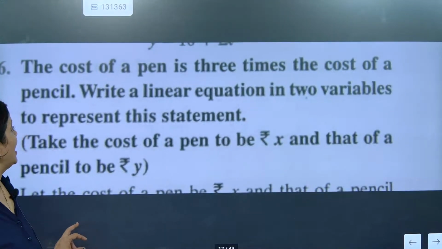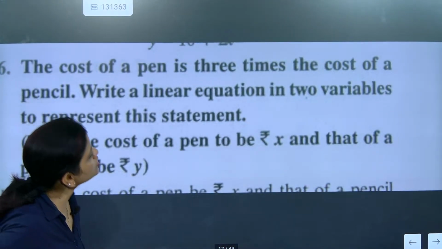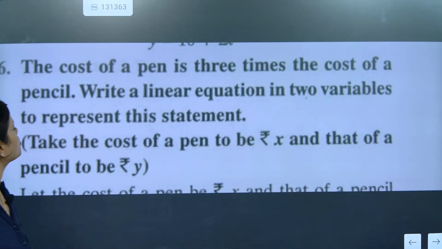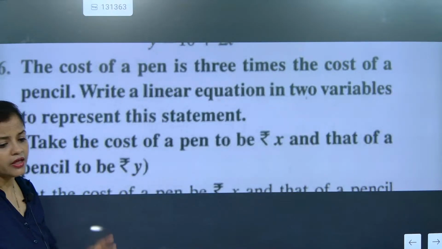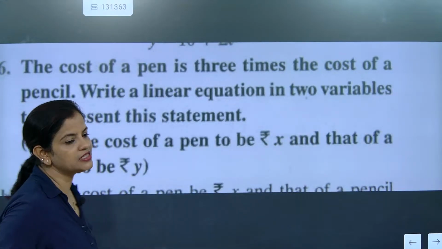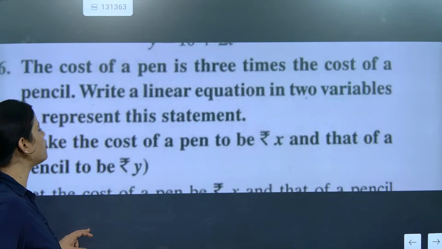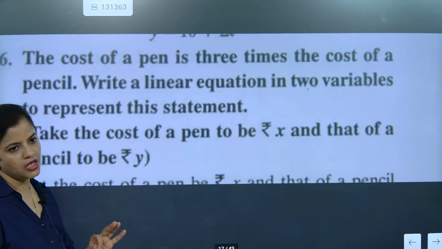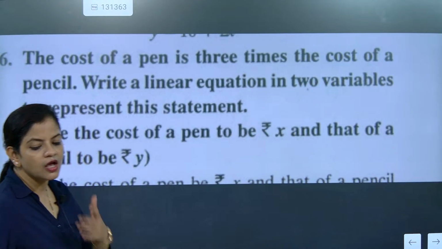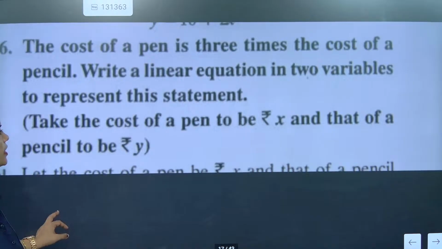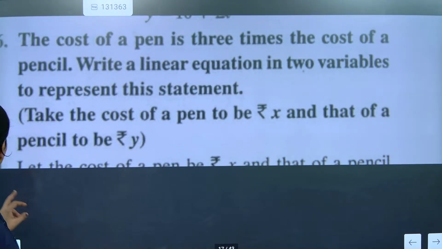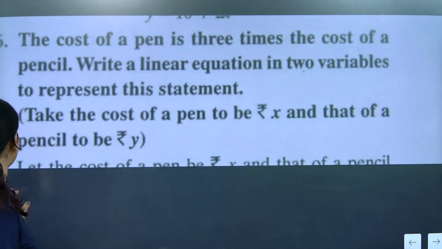Wow, super. Our next question is, the cost of a pen is 3 times the cost of a pencil. So first we will take the cost of pen as x rupees, and the cost of pencil as y rupees. Let's frame the equation first.